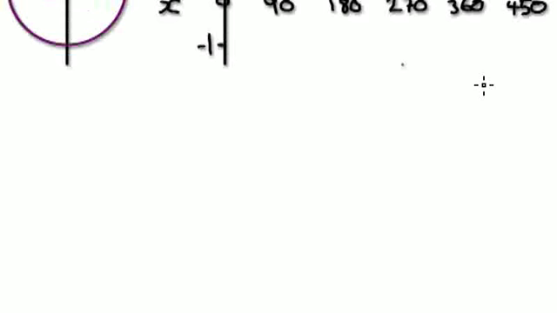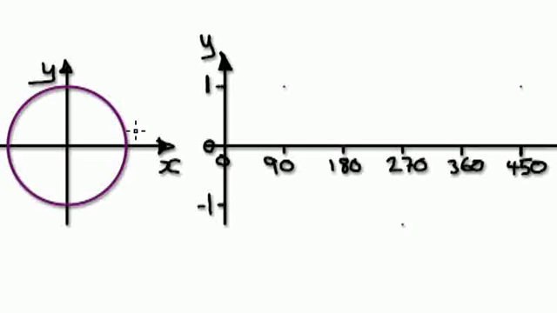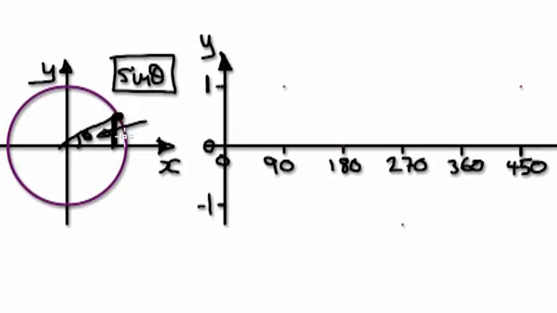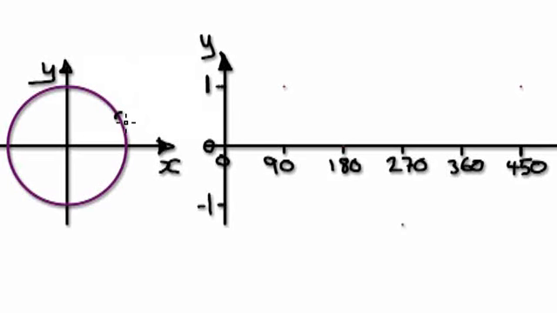If you go back to the original circle, we imagine a point moving around the circumference, and at an angle of theta, the height of the point happens to be sine theta. So you can imagine sine theta to represent the height of this point as it moves around.